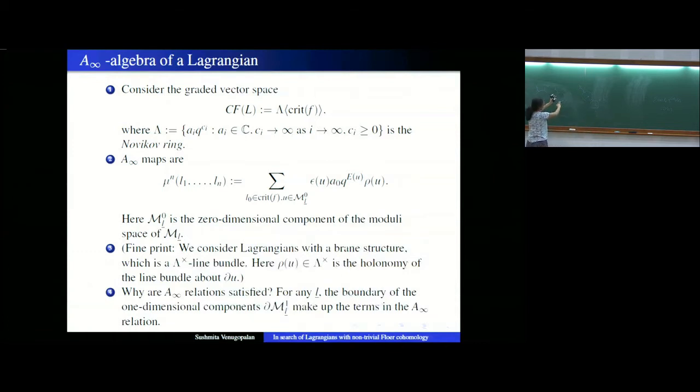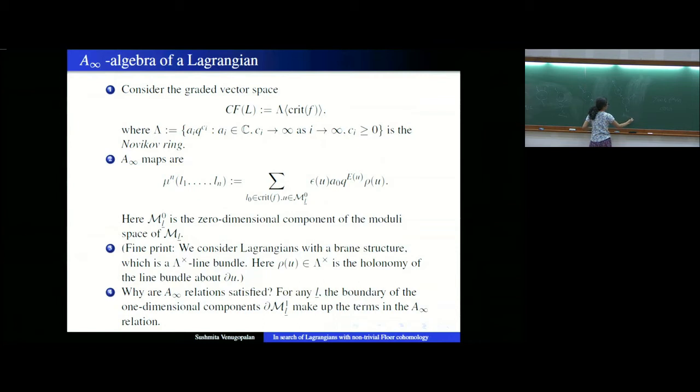And so once this kind of a node develops, you may put in a tree component here, which is a gradient line segment, and these kinds of configurations will be dimension 1. And in the end, we have the breaking of the Morse trajectory, and then you end up getting something like this. And so this is dimension 0.